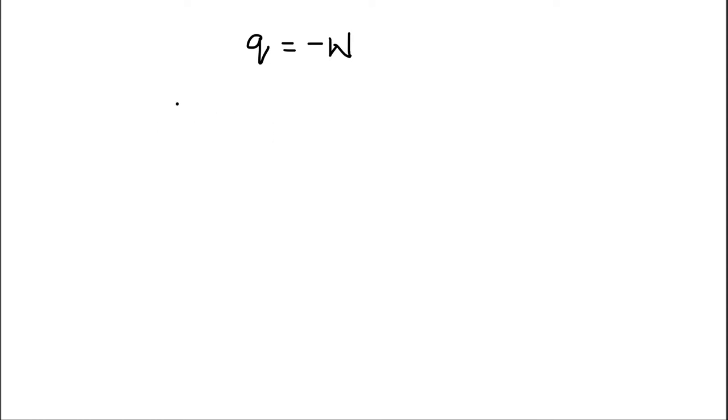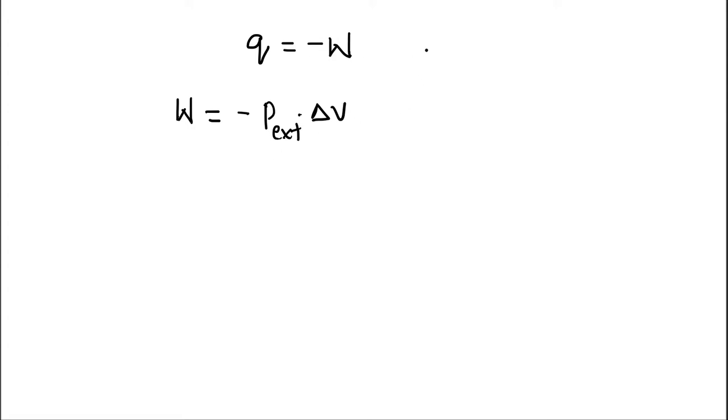So what is the work done in the process? Now let's see. W is negative P external times delta V, the general expression.